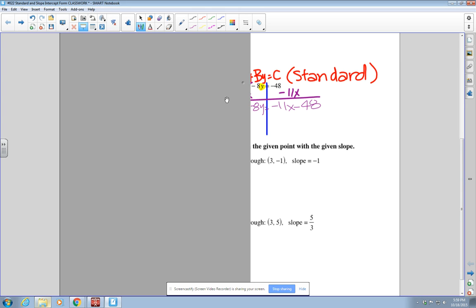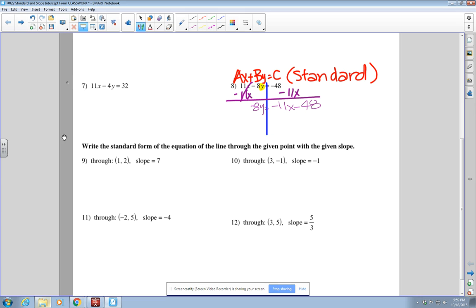Okay, remember, I like to write my negative 11x first because I want it to look just like y equals mx plus b. And my mx goes first. So I want negative 11x to go first before my negative 48. So my negative 48 is, potentially after we calculate everything, going to be my b.